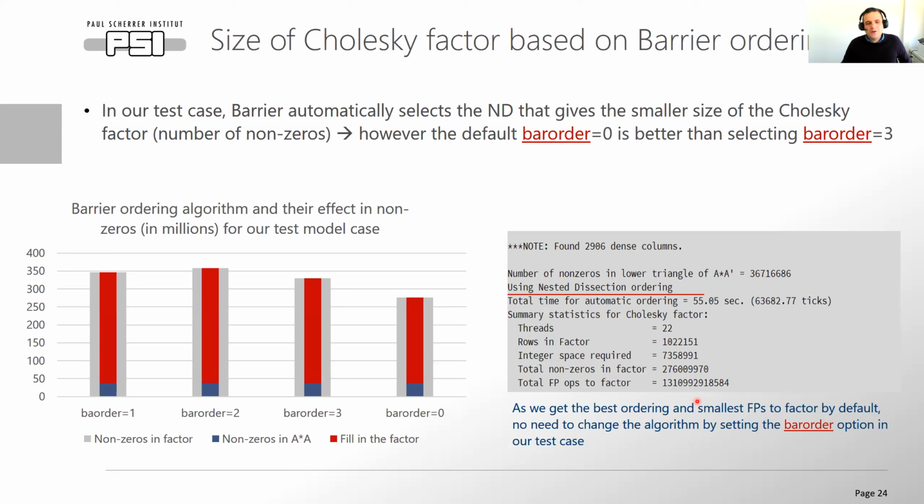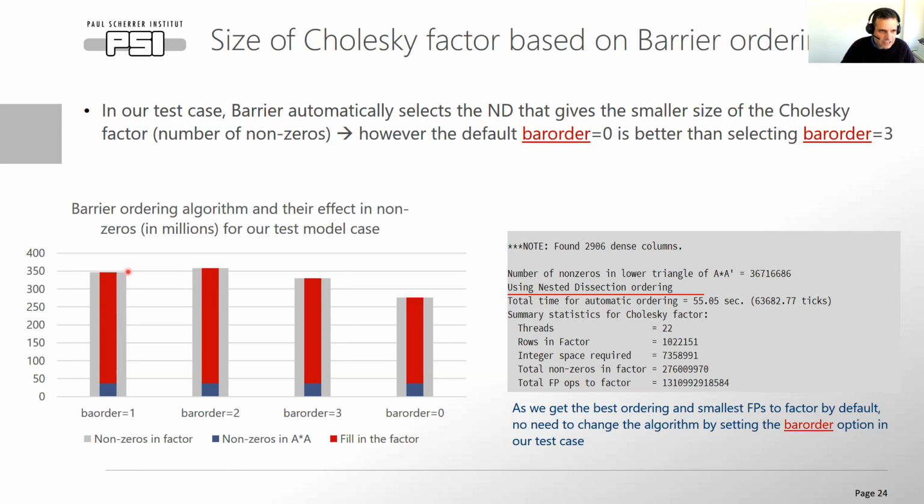So let's explore a little bit how our model behaves by changing the bar order. You can see here that I have plotted how many non-zeros I have in factor, how many non-zeros I have in A, and how much is the difference, the fill-in. You can see the numbers for bar order 1, 2, and 3.